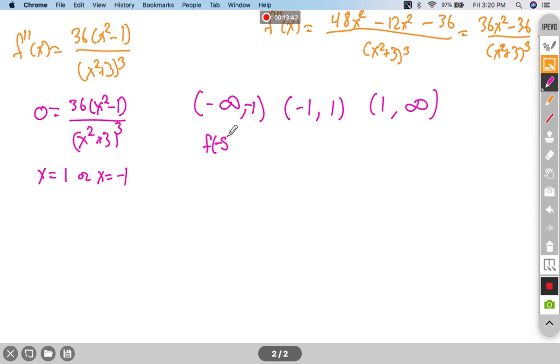The denominator is always going to be positive, because any number squared is positive, plus 3 is positive. The numerator, if this number is less than negative 1, let's say negative 5 squared is 25, so this is going to be positive over positive. So this is greater than 0, so this is concave up.